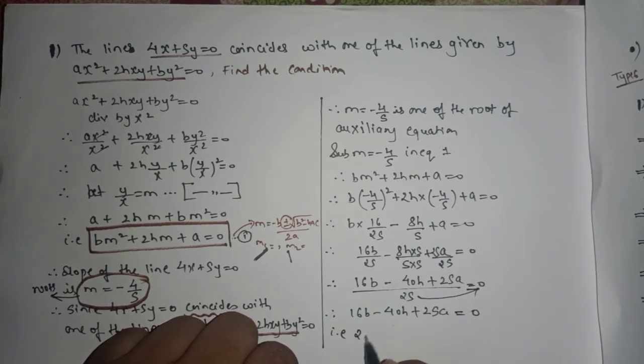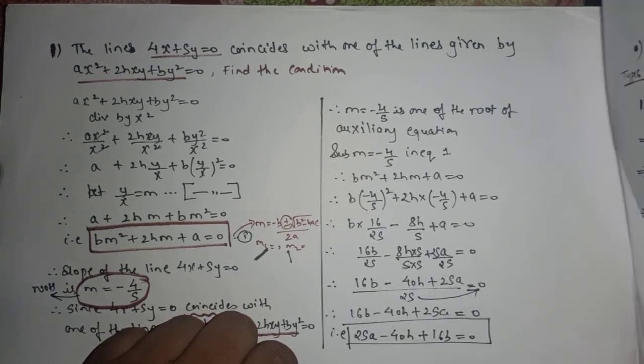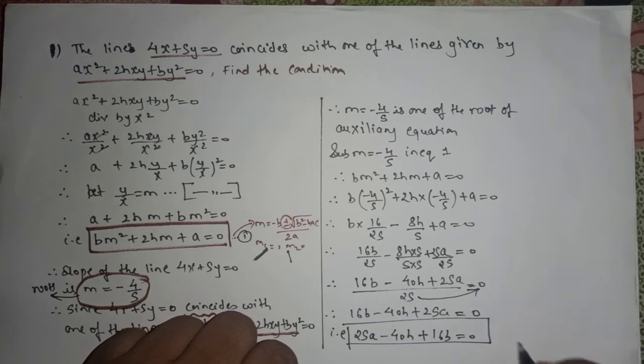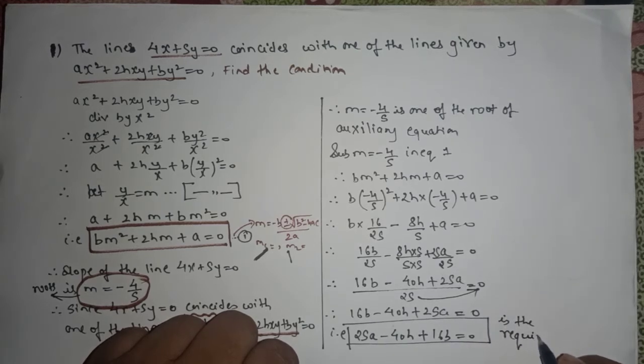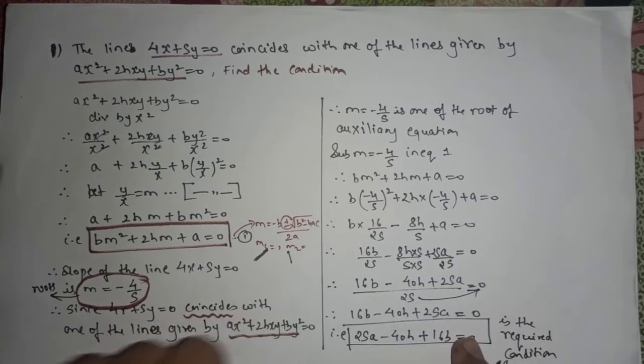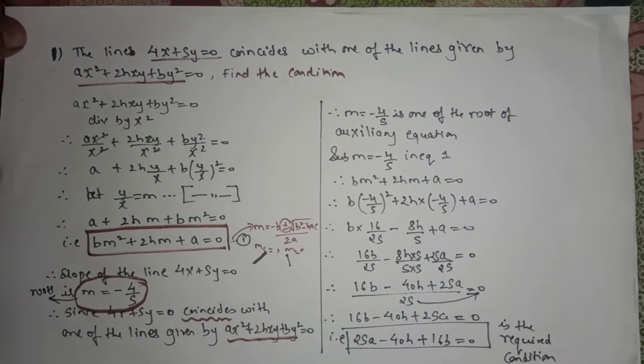First you will write a, after that in between you will write h, and in the last you will write b. So this is the required condition. Got the idea of exactly what we have to do?